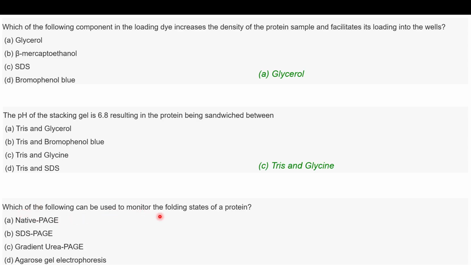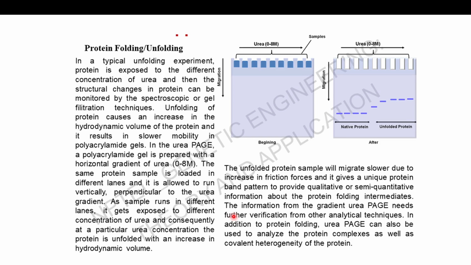Now, which of the following can be used to monitor the folding states of a protein? Yes, so this is the gradient urea PAGE. We saw that at different urea concentrations, the protein folds eventually. So people make a urea gradient, suppose from no urea to a high concentration of around 8 molar urea.